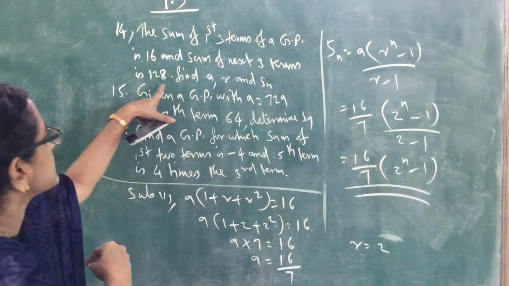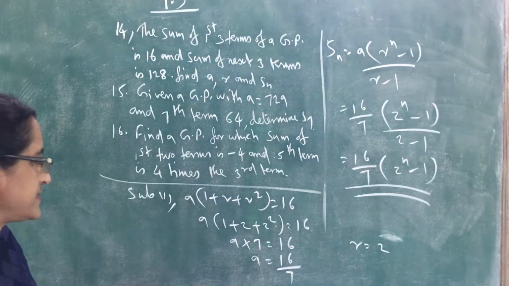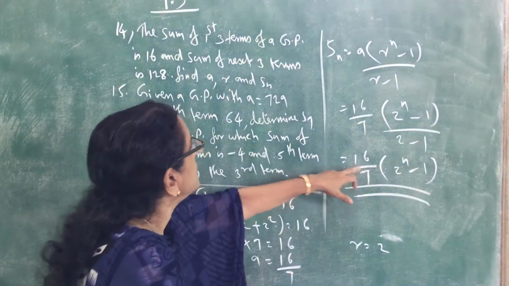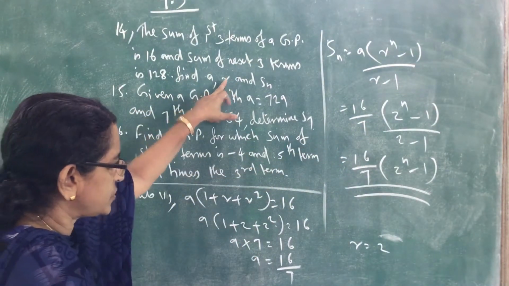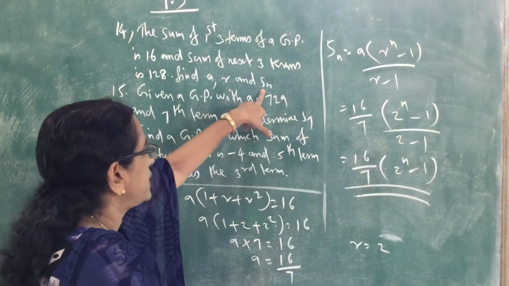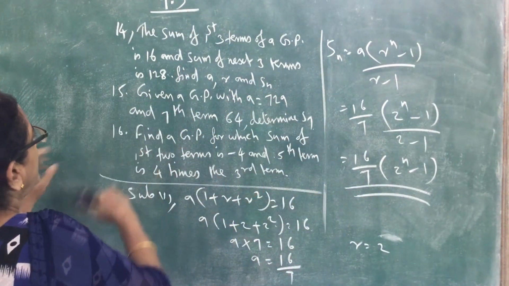So we got the answer: the first term A is 16 by 7, common ratio 2, then Sn is 16 by 7 into 2 raised to n minus 1.